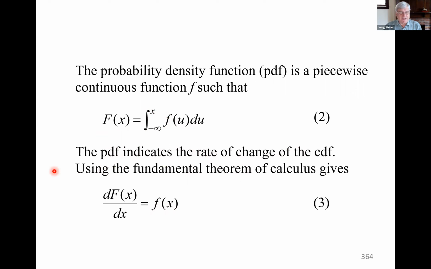That's naturally very central in calculus, and if you have a first-year calculus class, you will know about the fundamental theorem of calculus. How do you take the derivative of this integral with regard to the upper limit? It's really just the function value at the upper limit, f of x. So that gives you the PDF.